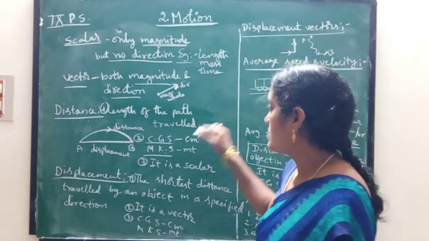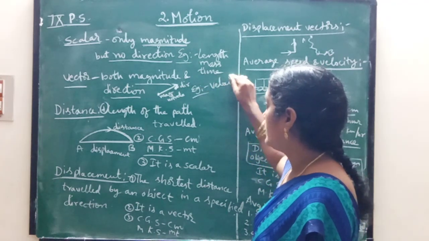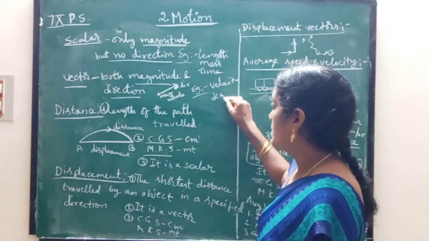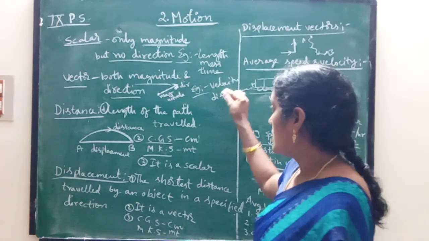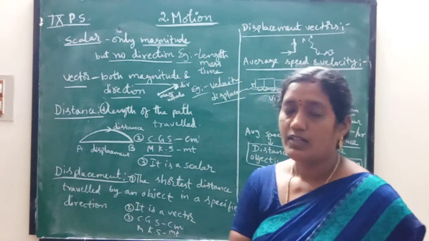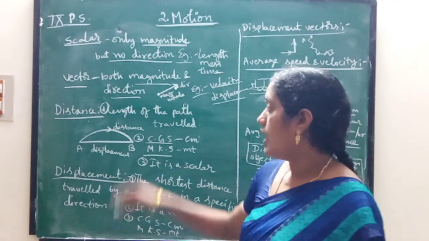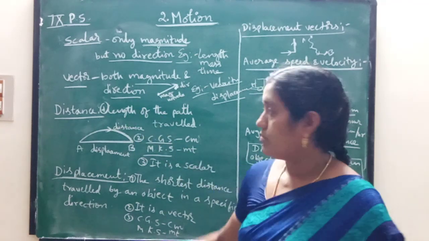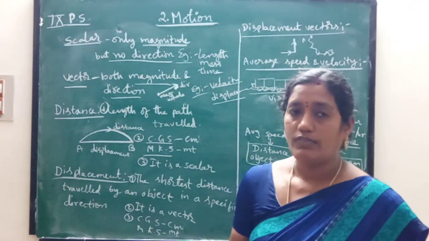The examples for this vector quantity, in this lesson I will tell you, are velocity and displacement, okay children. These are examples of vector quantities, and how this direction will be utilized in calculating these vector quantities, now I will explain.